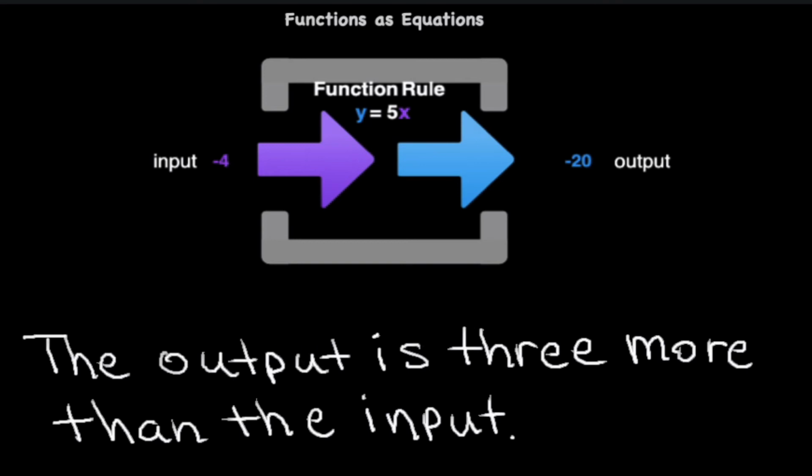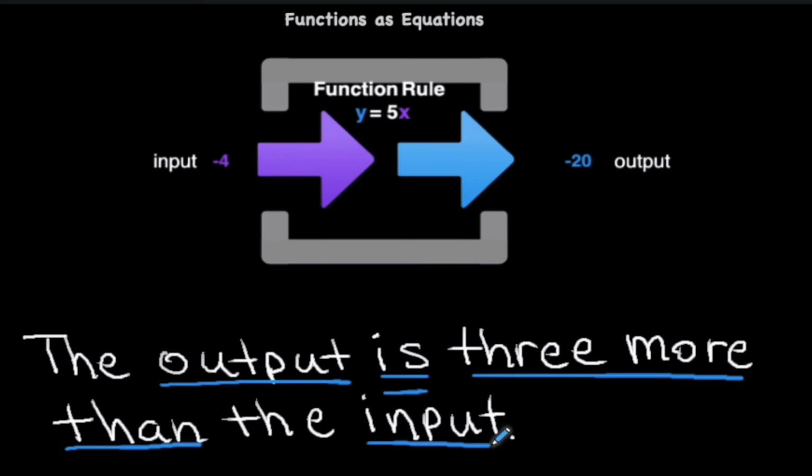All right, so let's go ahead and highlight our keywords. So we have output, we have is, we have 3 more than, and we also have input.